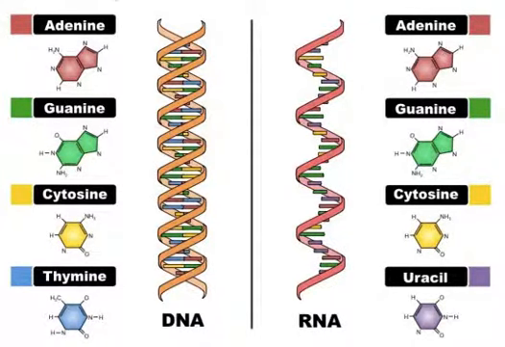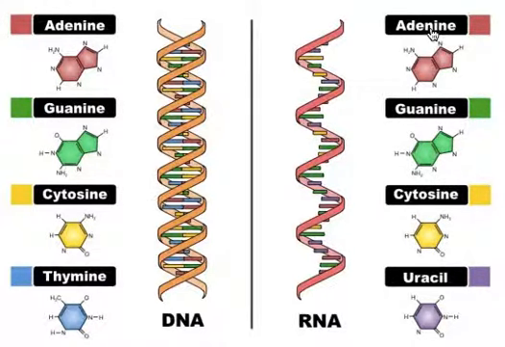So again, in the DNA structure, we know that adenine pairs up with thymine. And we know that guanine pairs up with cytosine. Now, when it comes to the RNA structure, it changes a little bit. There's a slight change.